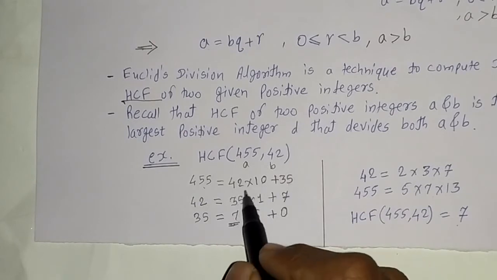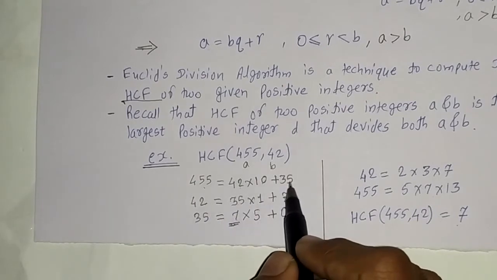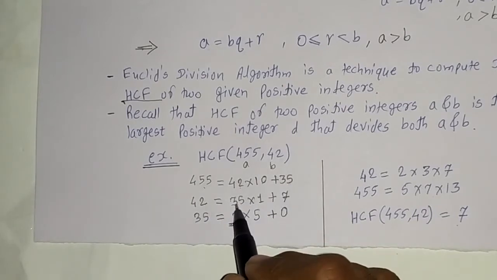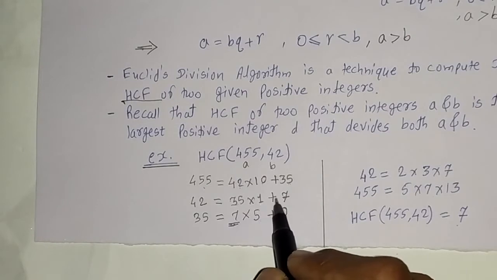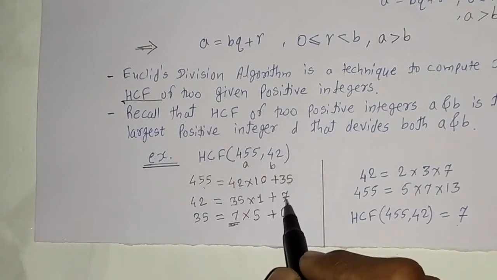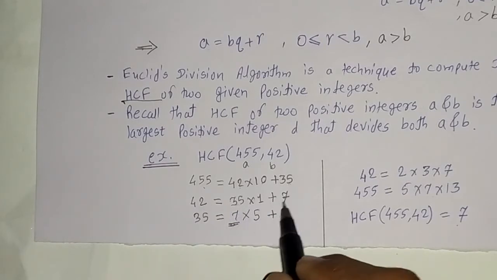So in second step the divisor becomes the dividend, remainder becomes the divisor. 42 equal to 35 into 1 plus 7 will be remainder. Once you subtract 35 from 42 you will get 7 as remainder.